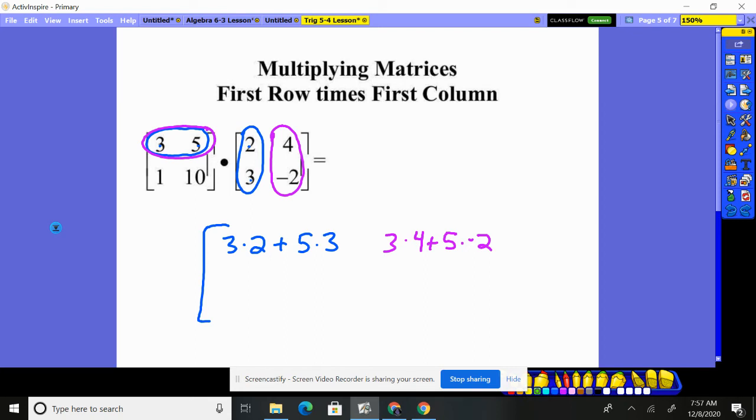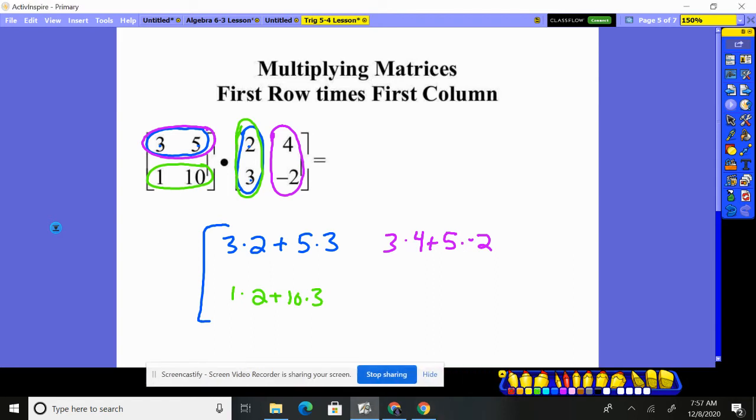I go to the next row times the first column. So a 1 times the 2 plus a 10 times the 3. And then finally, the second row times the final column. So 1 times the 4 plus 10 times the negative 2.